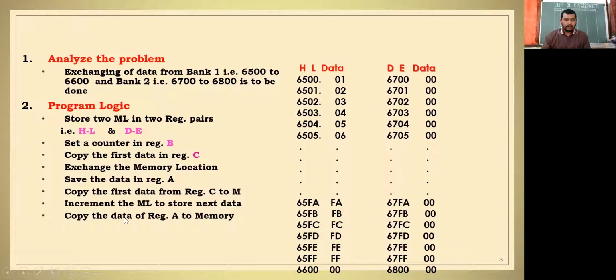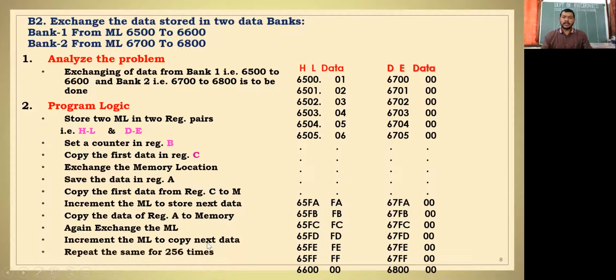Here we again have to use the exchange instruction. So this should come first, and then this is the second data. So copy the data in register A to memory, first exchange, and then increment the memory location to copy the next data. Then it is to be repeated 256 times.